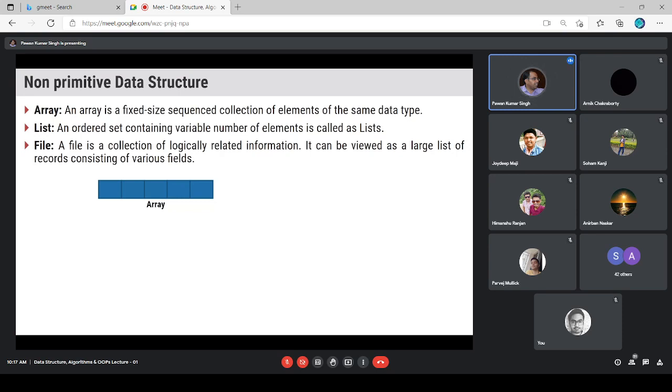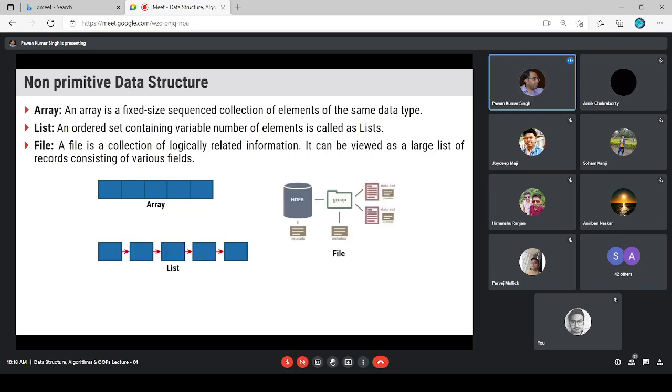So I may have a file which contains four records, and a single record may contain various fields: your name will be a string, your roll number will be an integer, your address is again a string, your age, your gender. So it is a collection of logically related information, so it is called a file. So this is an array, this is a list, and this is a file.